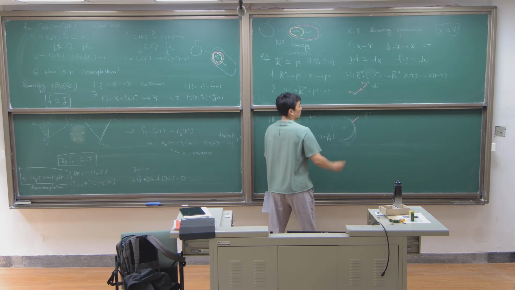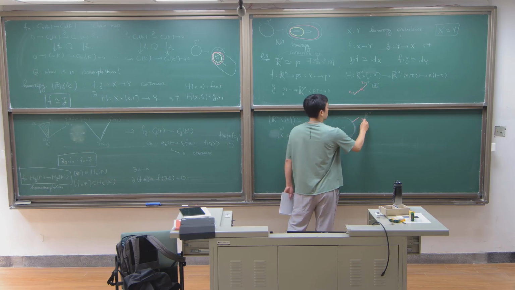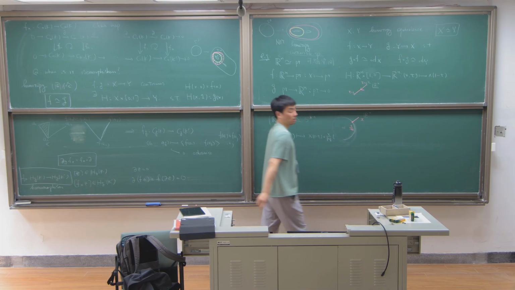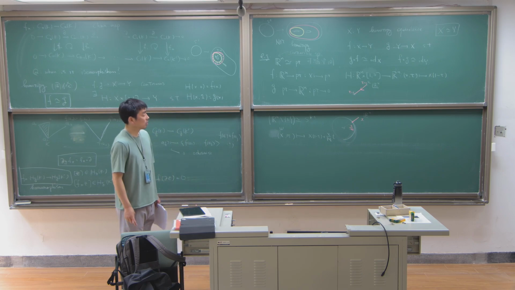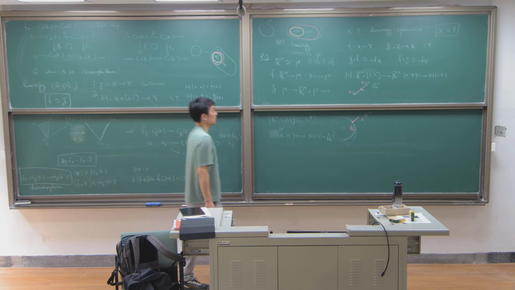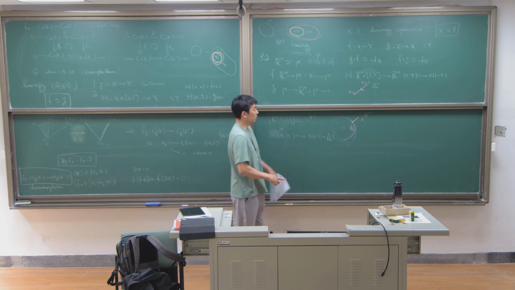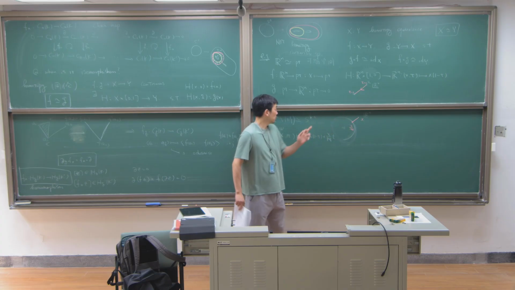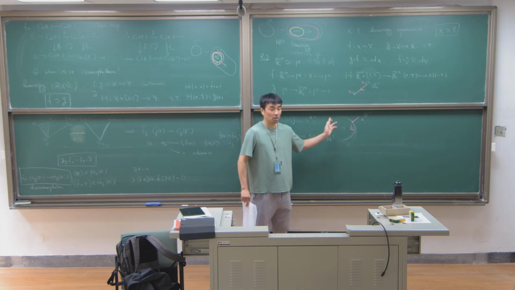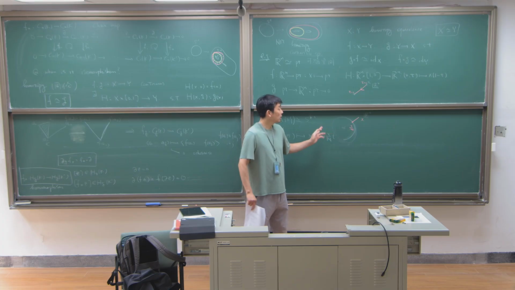Okay, this is x, and this point is x over the absolute value of x. So that's how you can map between these two. So Rn with a point removed is homotopic to S^(n-1). Is that okay?